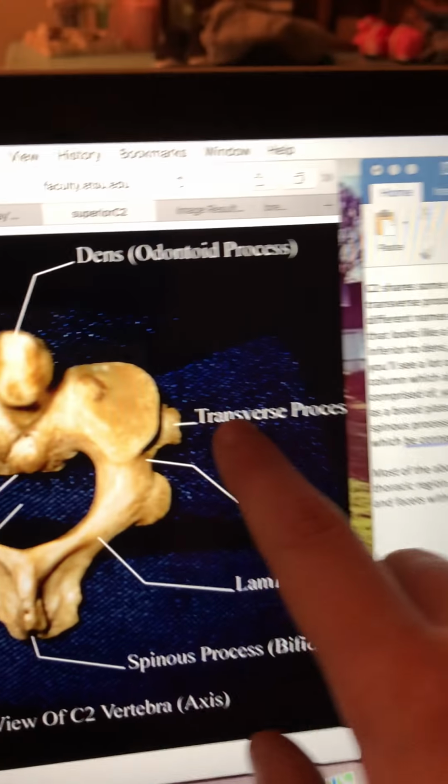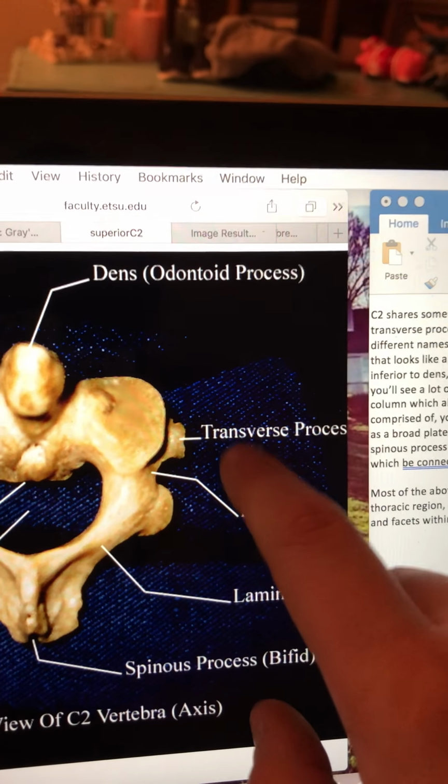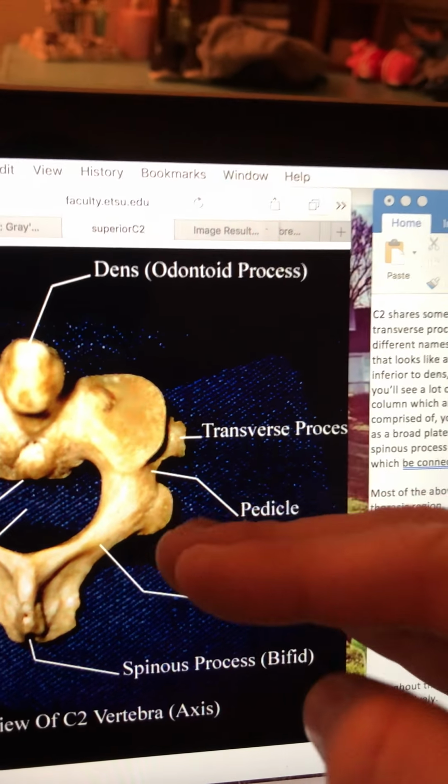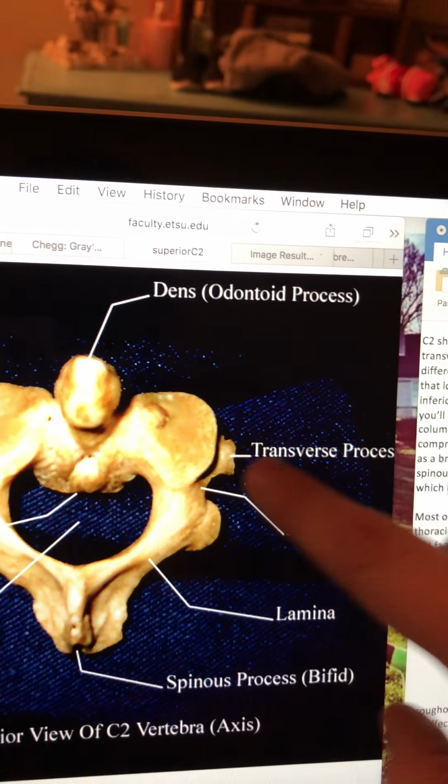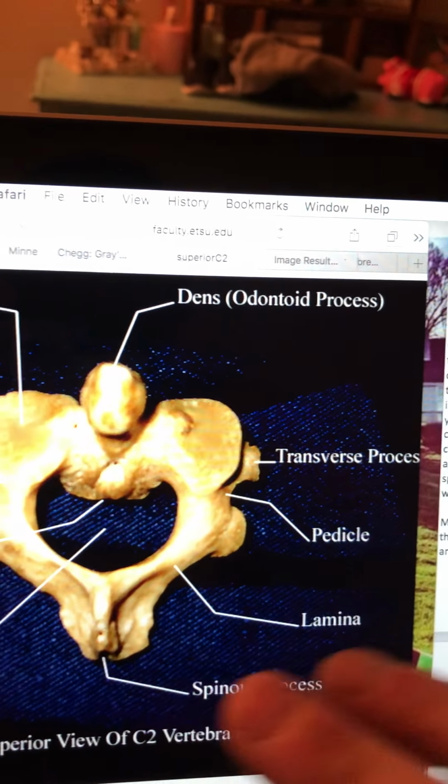Okay, so to sum up everything I've explained, what I did was learn the definitions of each word, because I have a very hard time trying to learn a word and not knowing exactly what it means, just seeing it labeled on a structure like this. Like transverse, I didn't exactly know what that meant in anatomical terms, and it means just horizontal, so that's on the horizontal plane of the actual structure.